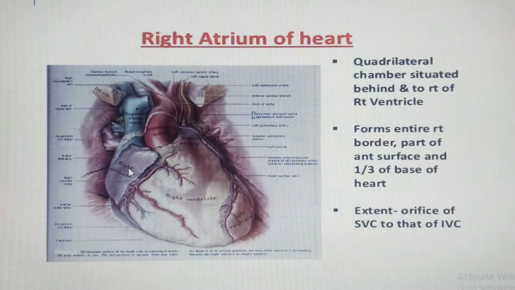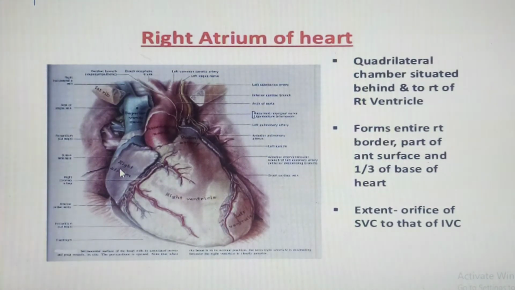Now, importantly, we've already seen that it forms the entire right border and part of the anterior surface, as well as 1/3 of the base of the heart. Then get to know that it has an ear-like structure which flaps around it, and that is what we call the right auricle.